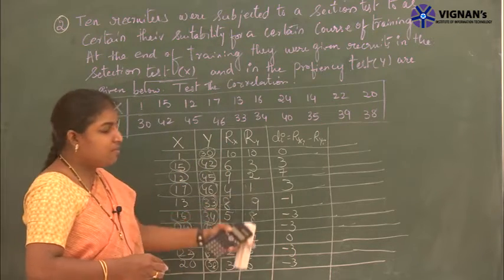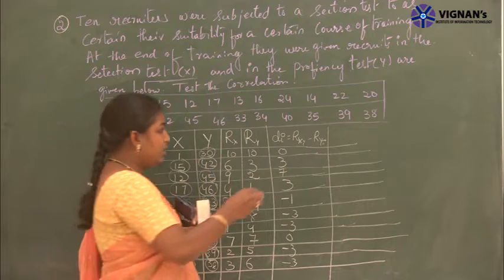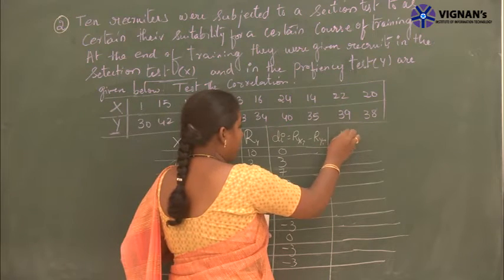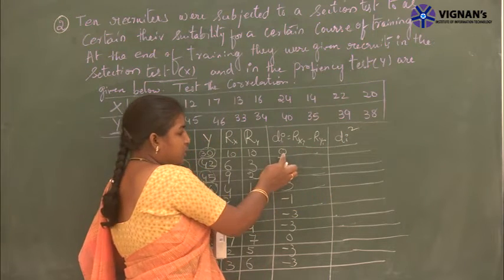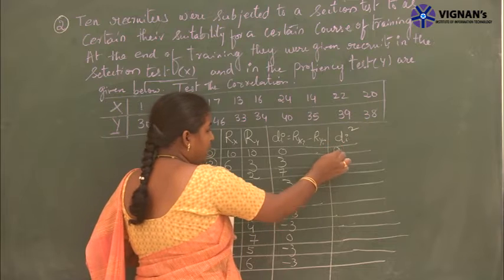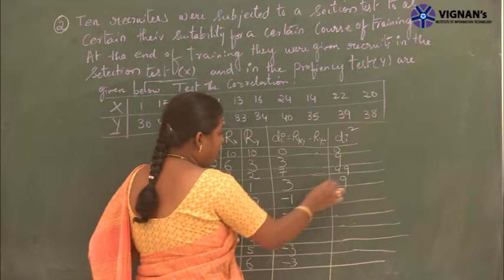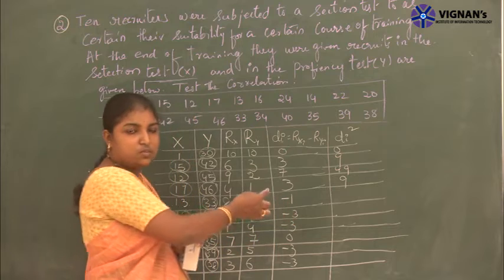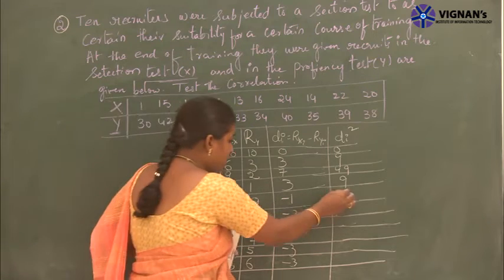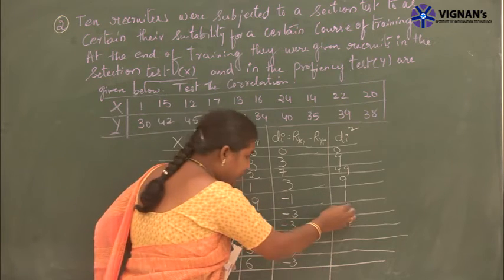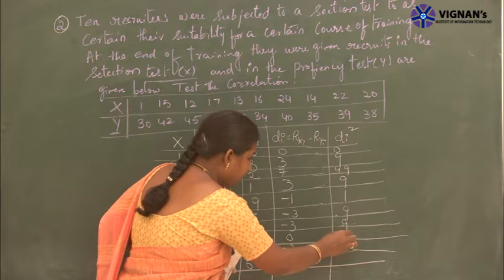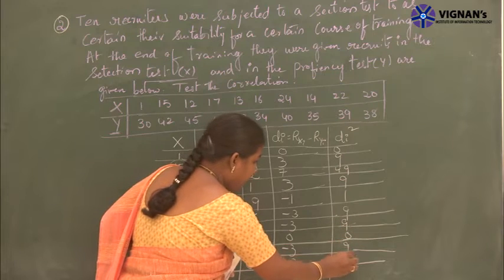For these di values we want to find di square, that means squaring these values. 0 square is 0, 3 square 9, 7 square 49, 3 square 9, minus 1 whole square is plus 1, minus 3 square is plus 9, then 9, 0, 9 and 9.